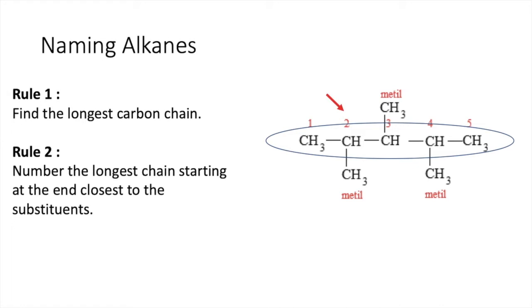Because this end is close to a substituent and this end is also close to a substituent, you can start the numbering from this end or from this end. And this is the substituent, or we call it a branch.